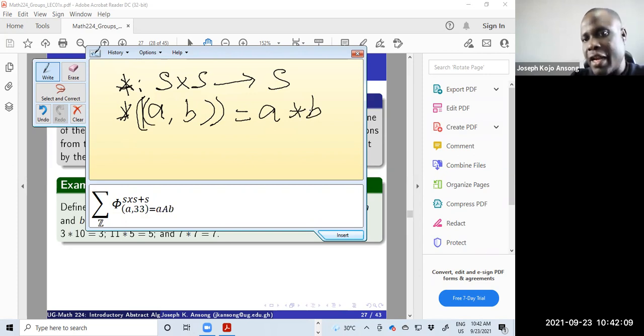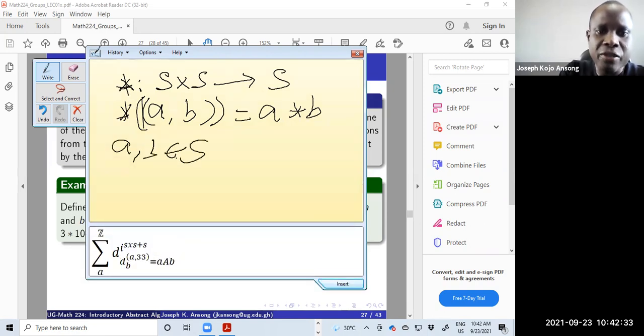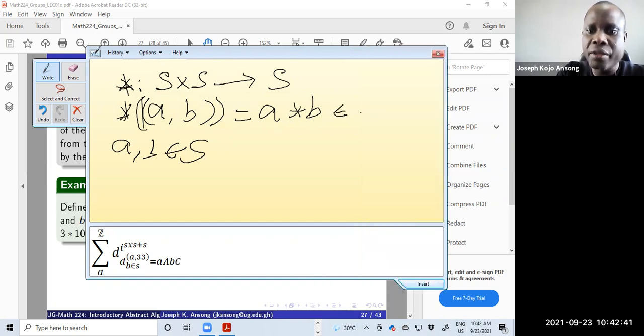The star there could be addition, multiplication, division, subtraction, or something else. We'll look at that in the next few sections. It doesn't have to be any of those, but star here is a binary operation on the set S. If I pick two elements, A and B, which are elements of S, and I do A star B, I perform the operation on them, and the result is in S, then star is a binary operation.